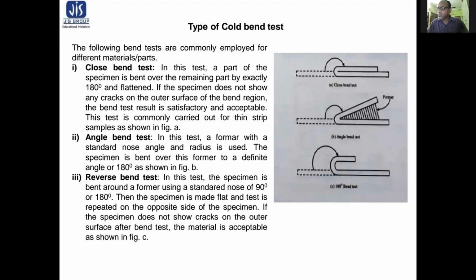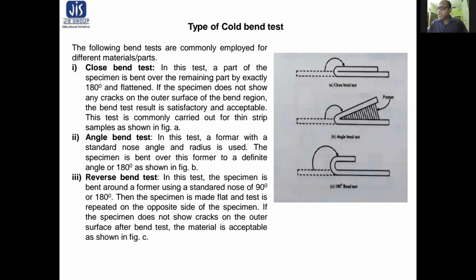The specimen to be tested is of sufficient length and is supported on the rollers, which are at a specified distance. Load is applied on the mandrel, which is exactly in the center of the two support rollers.